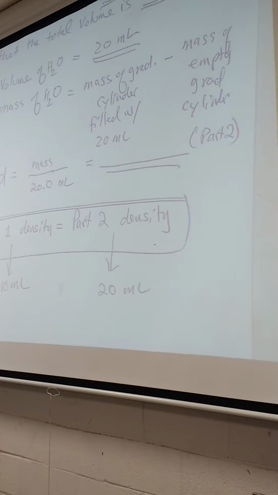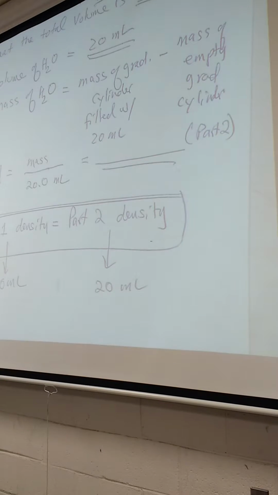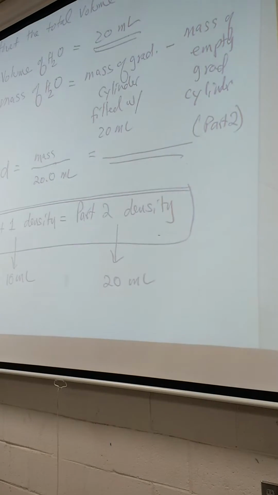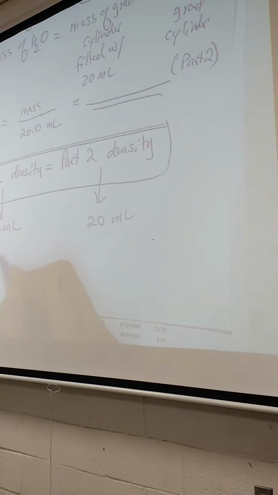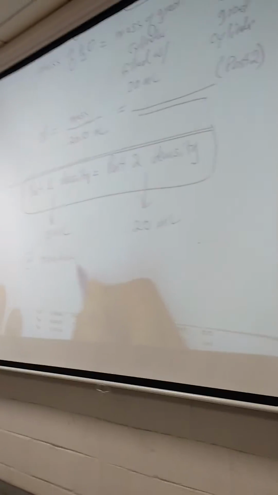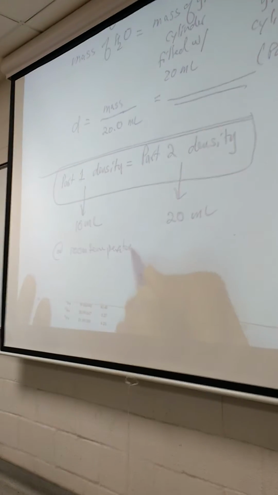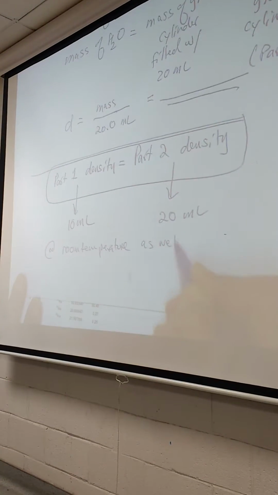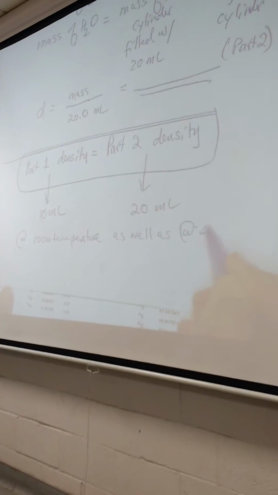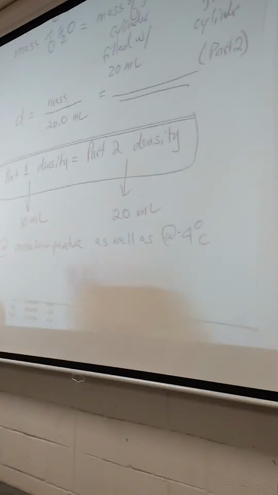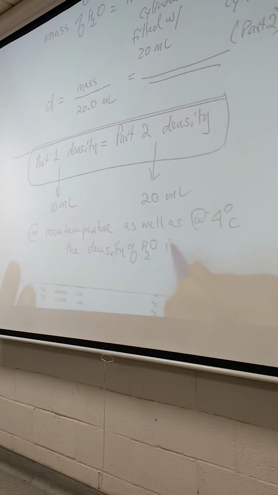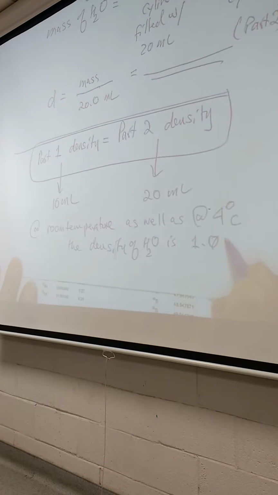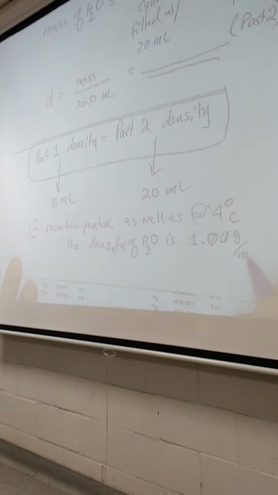At room temperature, the density of H2O will be around what? 1, correct? So at room temperature, as well as at 4 degrees Celsius, the density of H2O is 1.00 gram per ml.